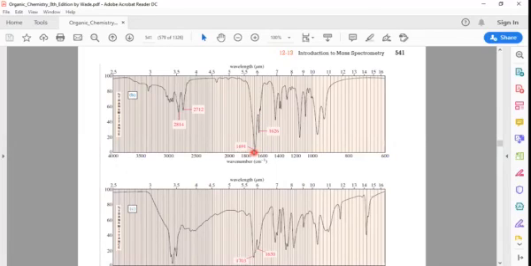Otherwise, the value would have been 1720 or around that. So based on these facts, most probably this compound is an aldehyde where the aldehyde group is in conjugation with a carbon-carbon double bond.